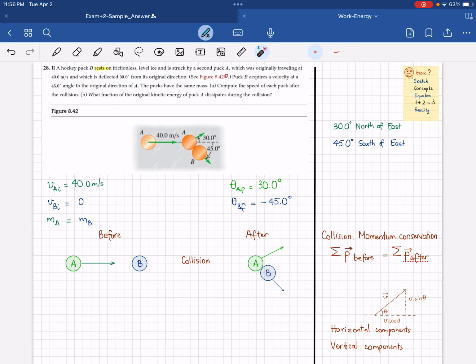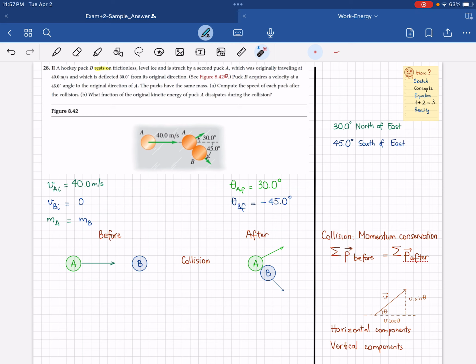Here we can see the directions: this is 30 degrees north of the east, and this is south of the east, to describe the direction of each vector.